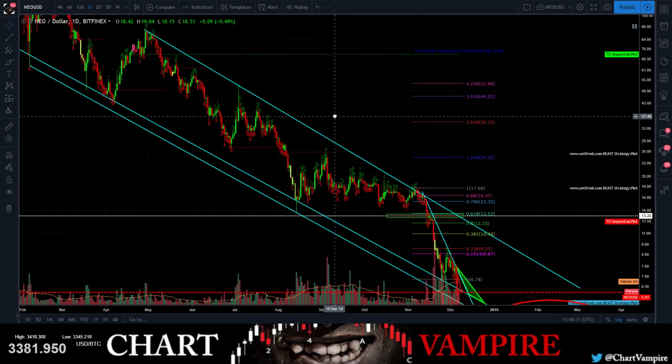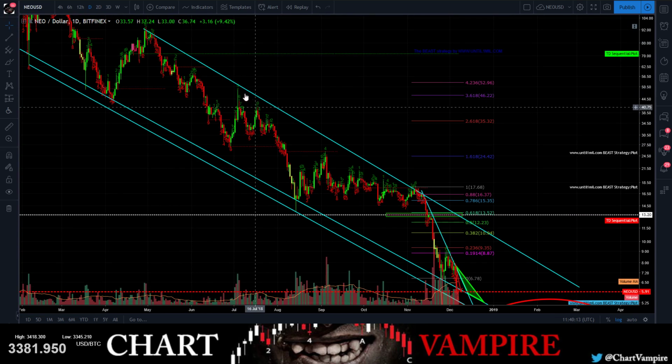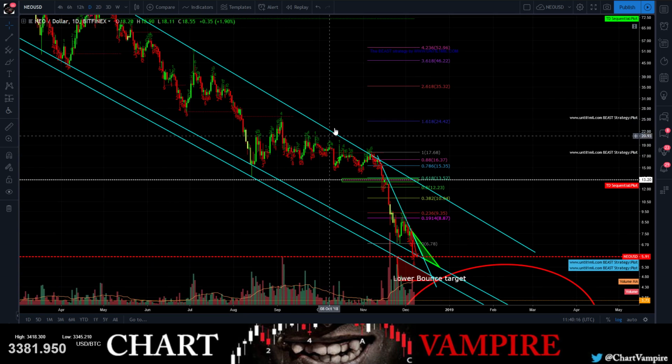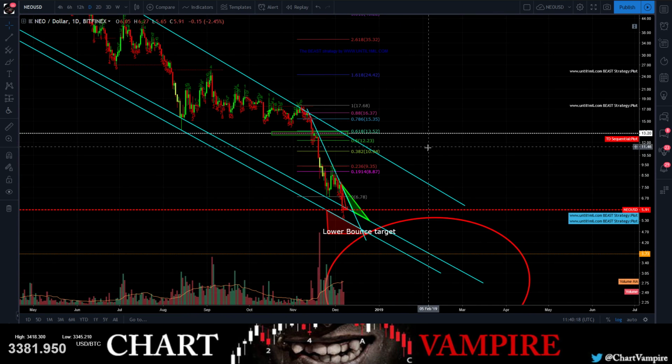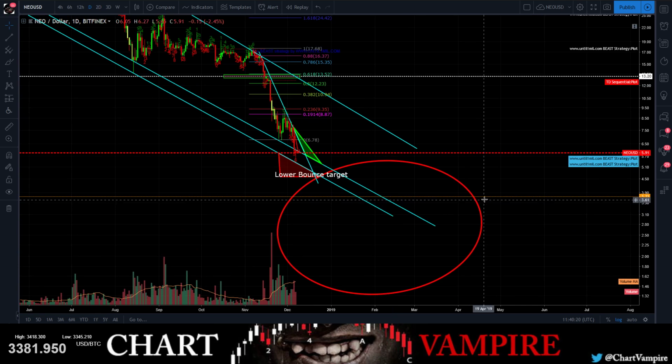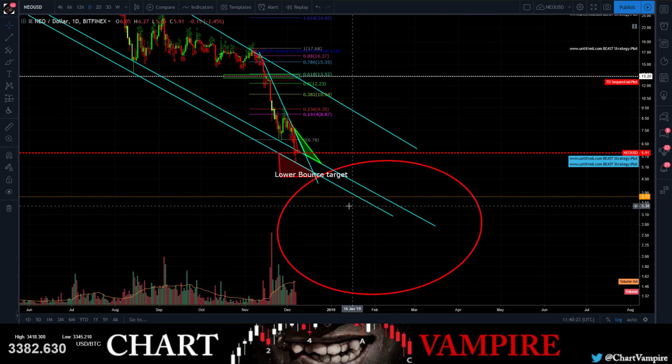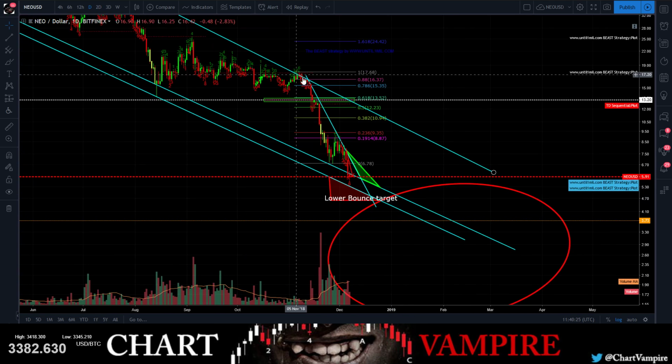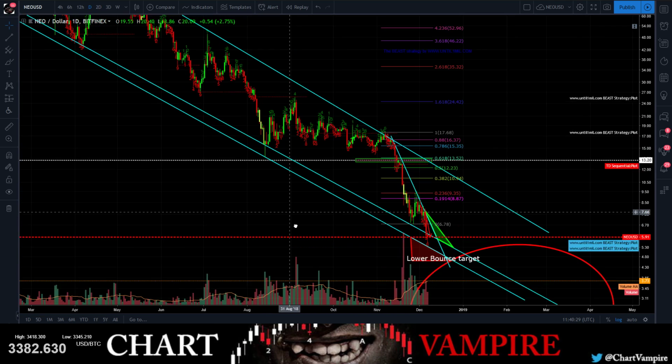Look at your bounces, they're getting lower. Here you got a higher bounce, here your bounce is lower, here your bounce is lower. So your bounces are just dying because people just don't have faith in the token anymore. That's why you're getting more of a capitulation dump. Now you're getting faster, longer dumps.